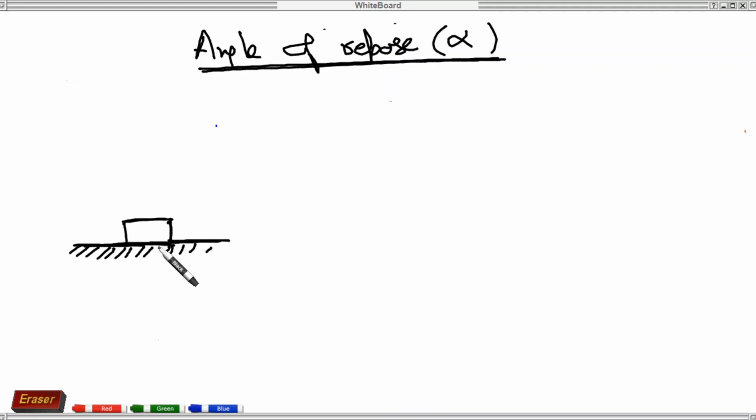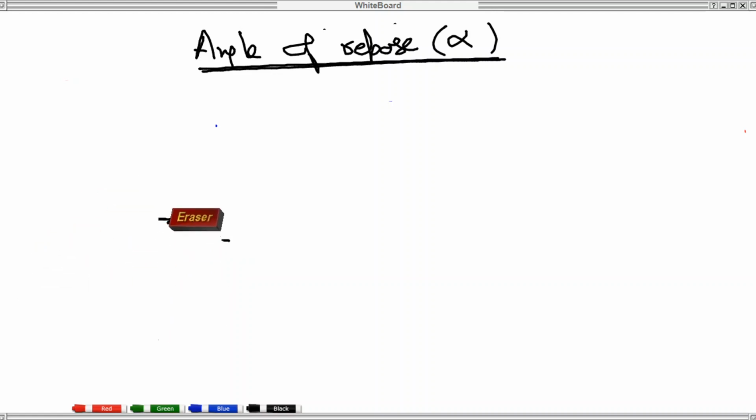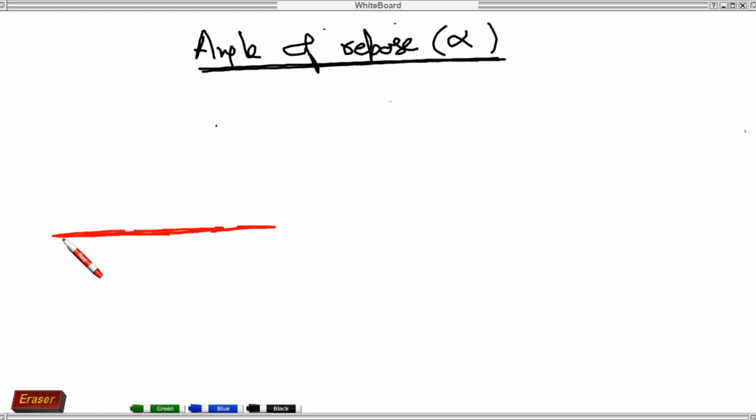Suppose let me draw it in another way. Suppose some platform is here.